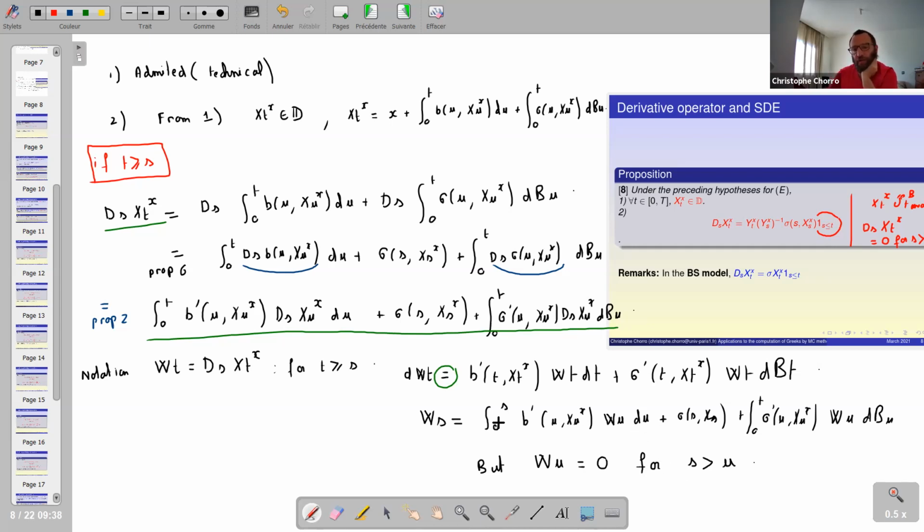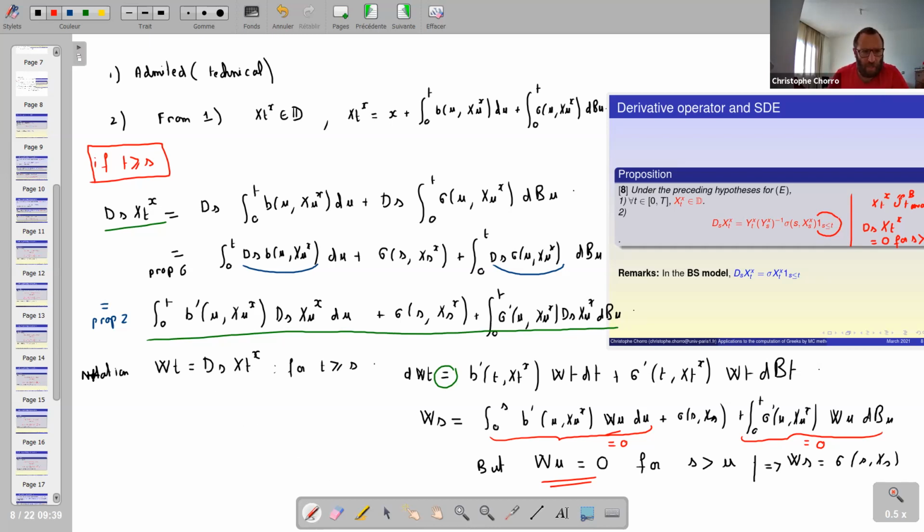And that's why if I take u between 0 and s, except for small s, I have all these quantities equal to 0. And so from this one, I can deduce that Ws is equal to sigma s xs, because from this argument, I have this one equal to 0, and this one equal to 0.